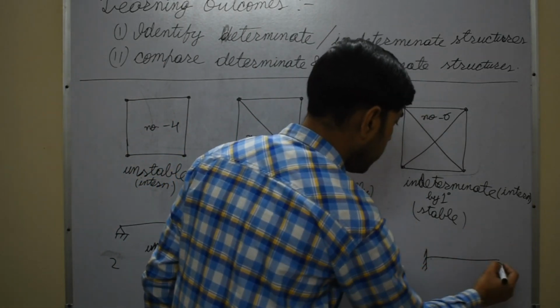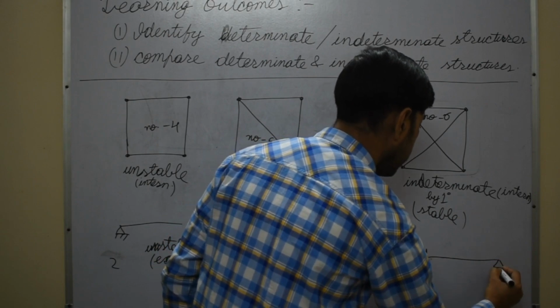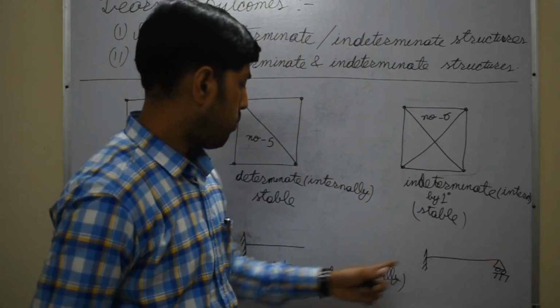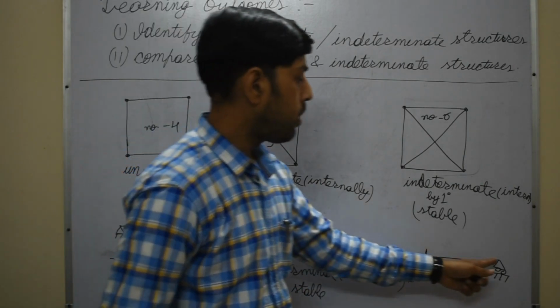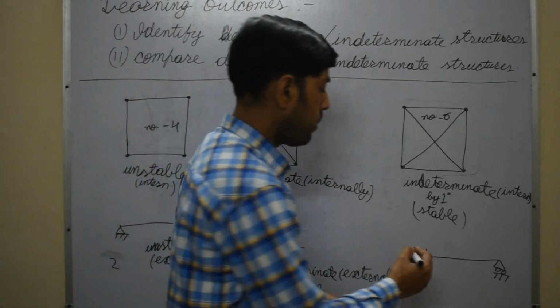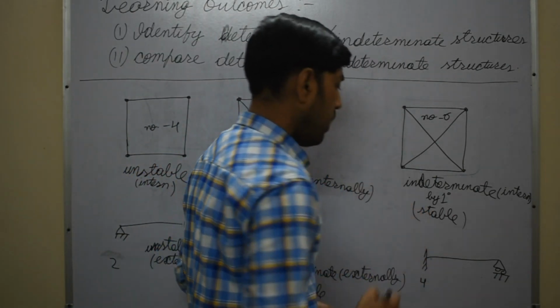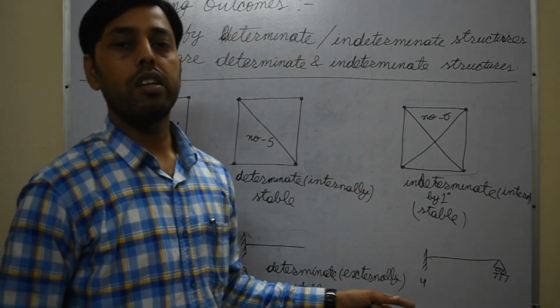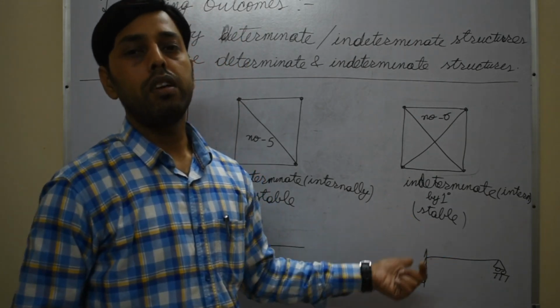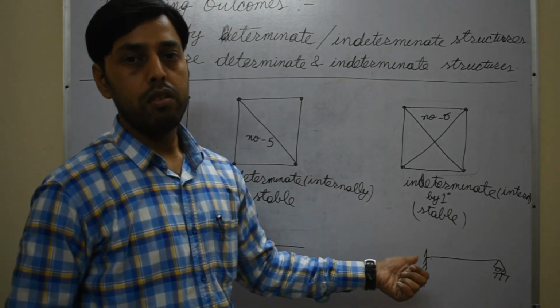in this case, suppose we have added one extra support at this end. This was free in the previous case, but now we have added one prop here. The number of support reactions in this case is 4, and the minimum number of support reactions required to make this beam stable was 3, but we have put 4 support reactions.